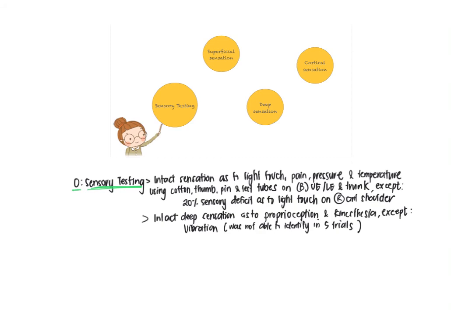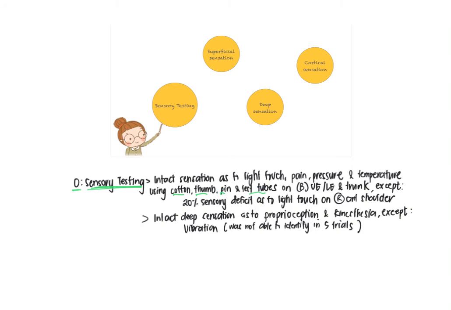And then the usual heading: intact sensation as to light touch, pain, pressure, and temperature, using, remember, the sensory modalities used like the cotton, thumb, pin, and test tubes, on bilateral upper X and lower X and trunk, except, and then the finding: there's 20% sensory deficit as to light touch on right anterior shoulder.